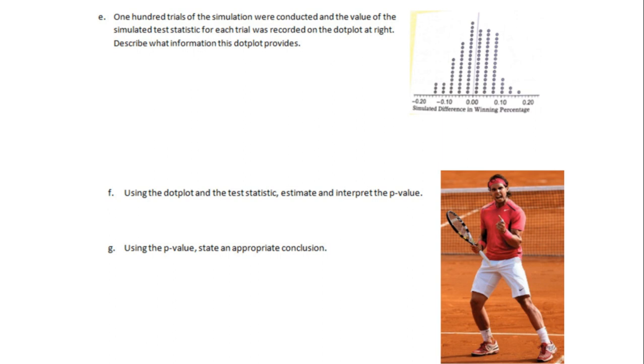100 trials of the simulation were conducted, and the value of the simulated test statistic for each trial was recorded on the dot plot at the right. Describe what this information provides.